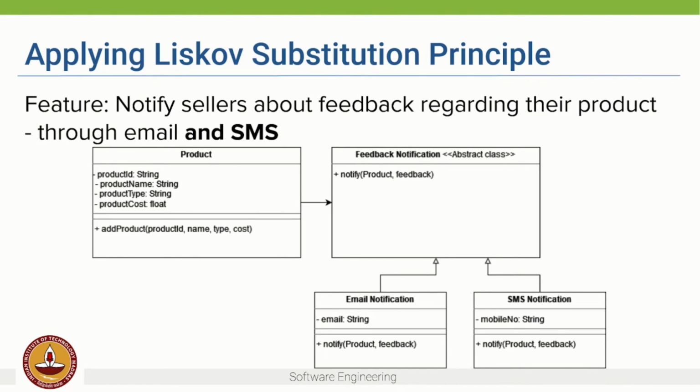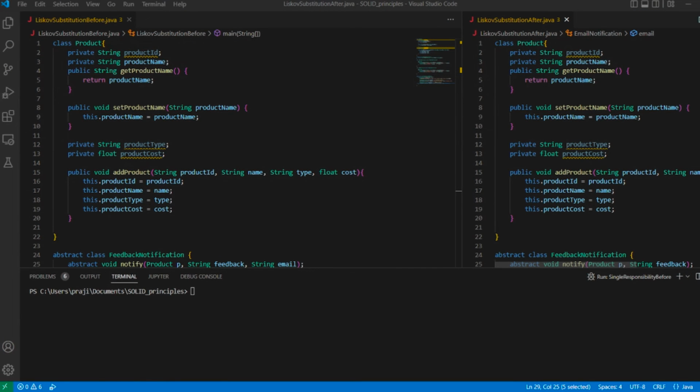Now let's see how we can implement the Liskov substitution principle in our code. So the code on the left is the code before we apply the Liskov substitution principle.